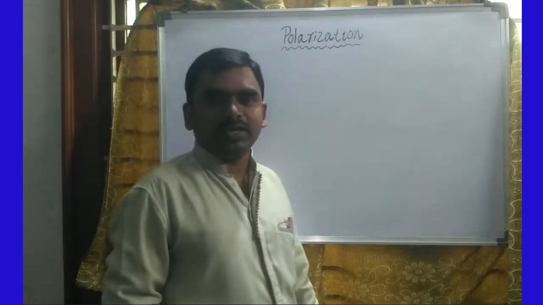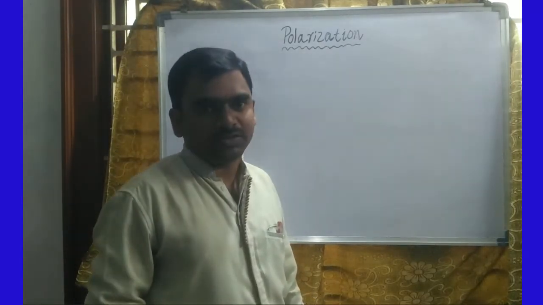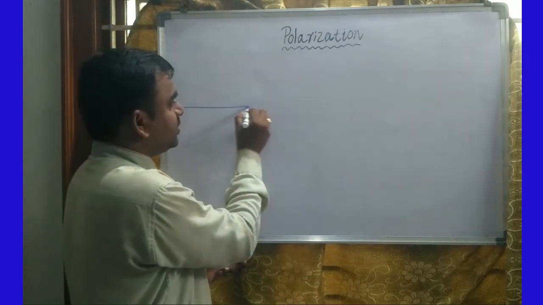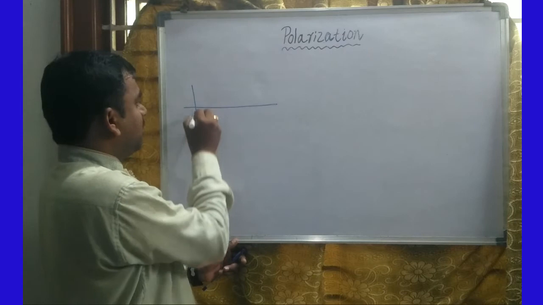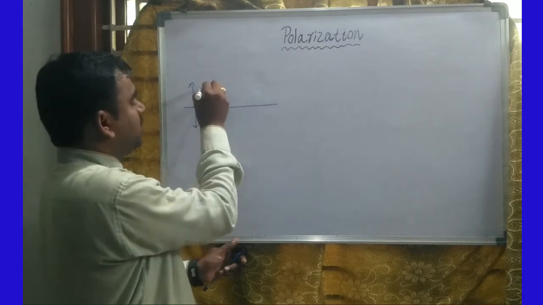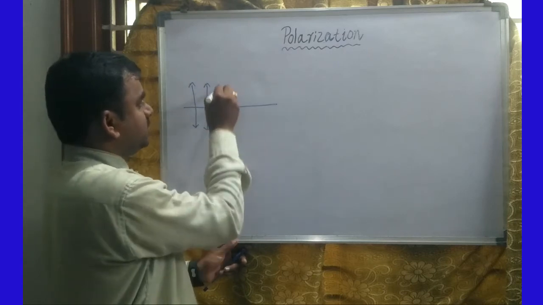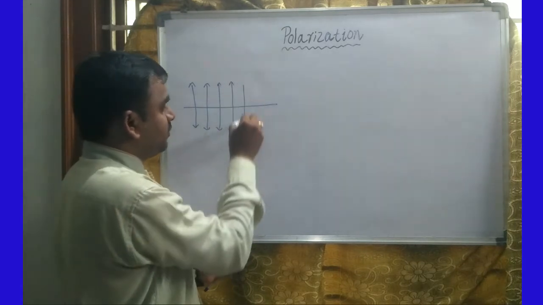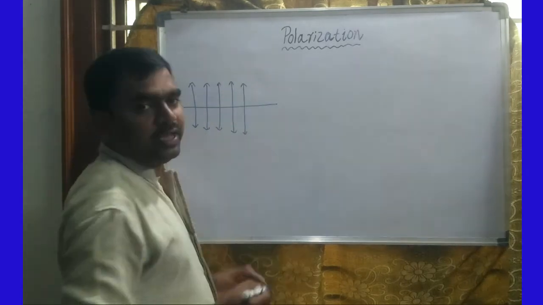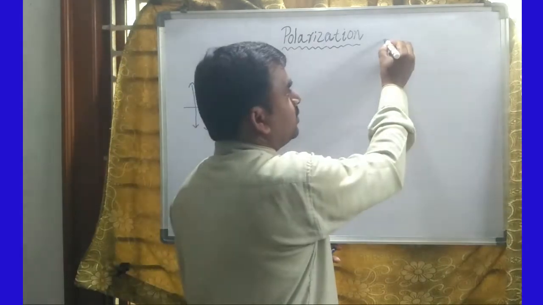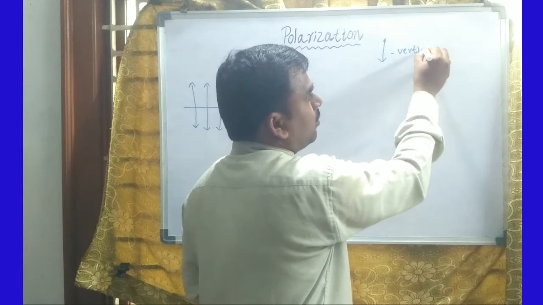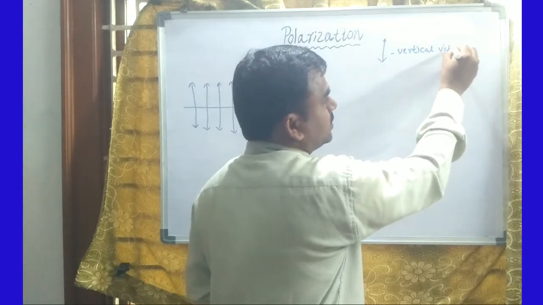Now we have to take a normal source of light. The normal source of light has horizontal vibrations and also vertical vibrations. So here the vertical vibrations I am denoting with double-ended arrows. These are vertical vibrations.